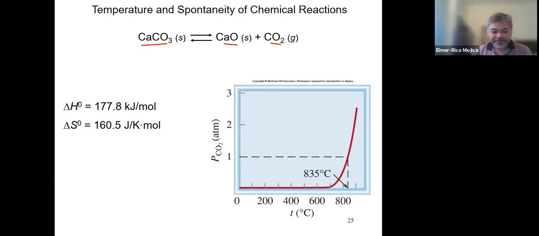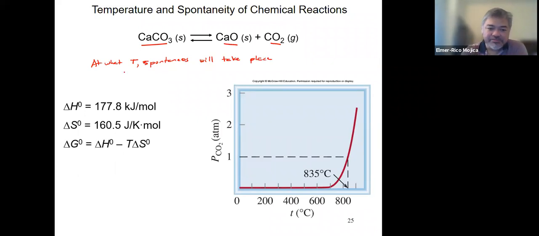that these are the values. So you're going to ask yourself, at what temperature will this be spontaneous? So using those values, what do you get in terms of delta G?